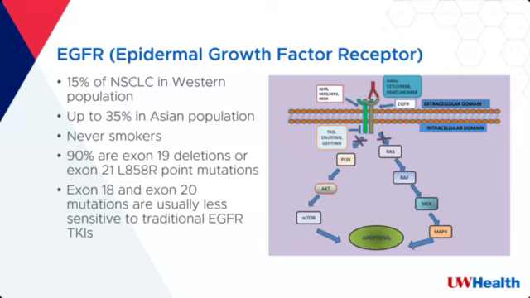You will see that as a common theme throughout with many of these mutations in non-small cell lung cancer. The EGFR mutations in particular are typically seen in never smokers. Up to 90% are exon 19 deletions or exon 21 point mutations. And of note, exon 18 and exon 20 mutations are usually less sensitive to our traditional EGFR TKIs.